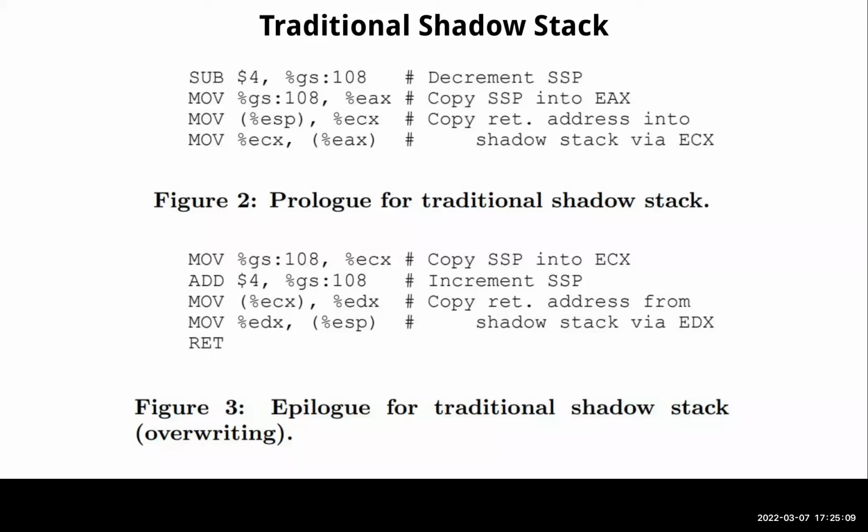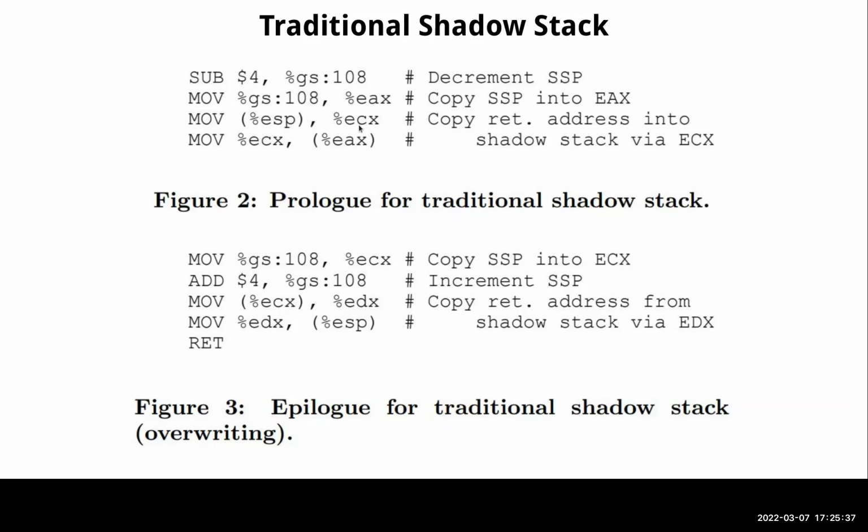Okay. So at the beginning, what does ESP point to? This is right after a call instruction. So ESP points to the return address, right? ESP points to the return address in the original stack. That's why we are moving what ESP points to into ECX.